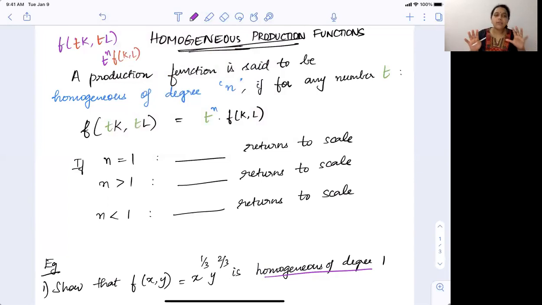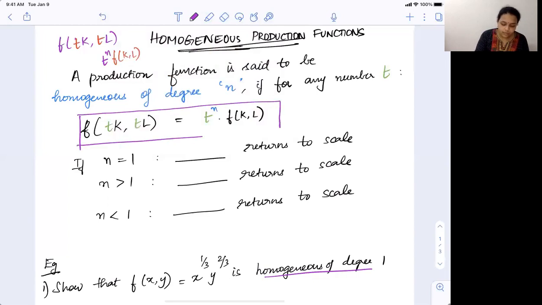And if I'm able to relate the inputs and output using an expression of this form, if I multiply my inputs by t and my output changes by t raised to the power n, okay, then that function is said to be a homogeneous production function of degree n.